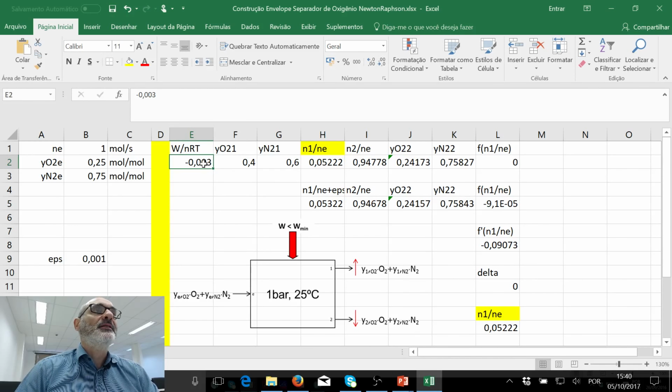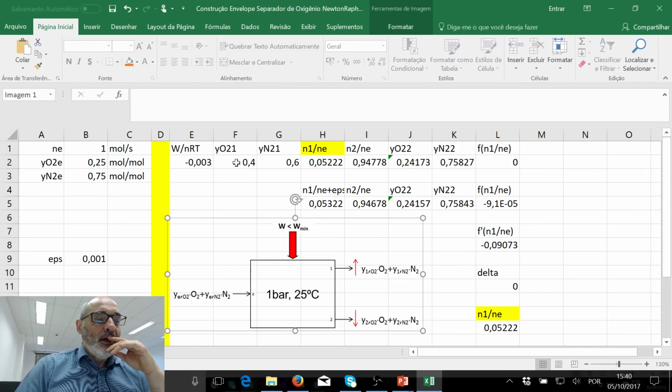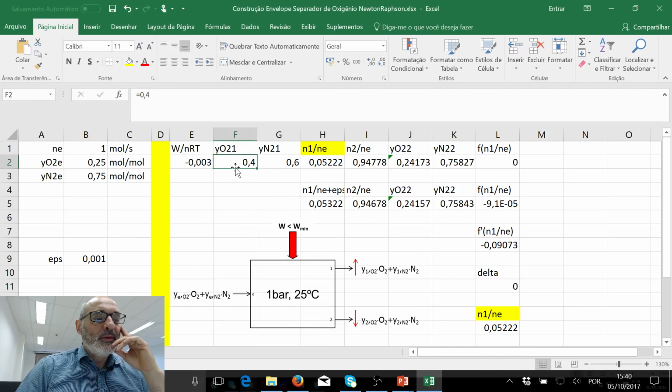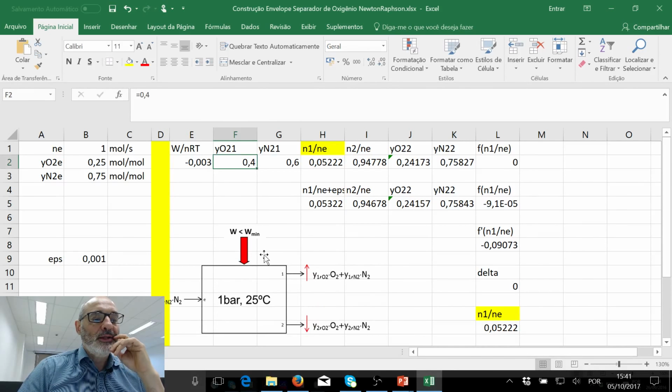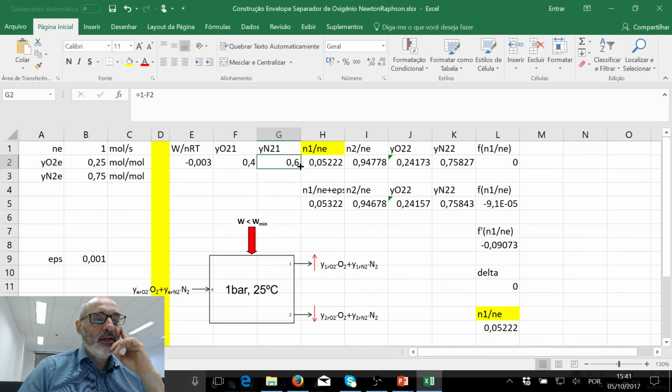I don't have to calculate it. I'm fixing it. And this number, 40%, is the amount of oxygen that I want at exit number 1. So this number is also a known number. I don't have to calculate this one, and this one I simply calculate by subtracting 0.4 from 1.